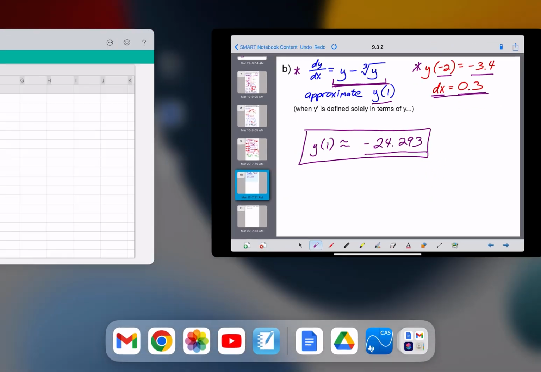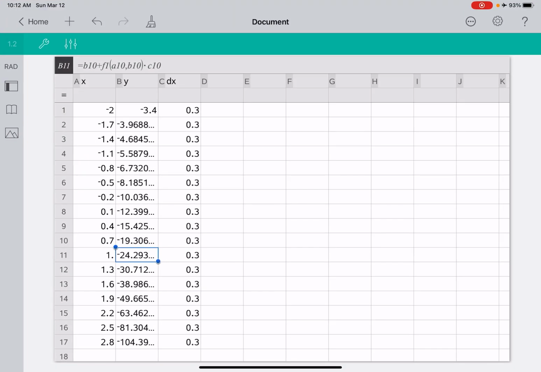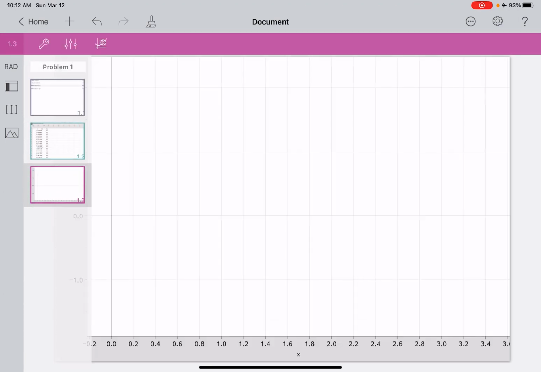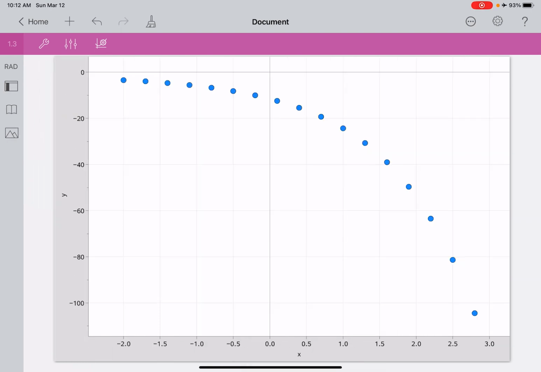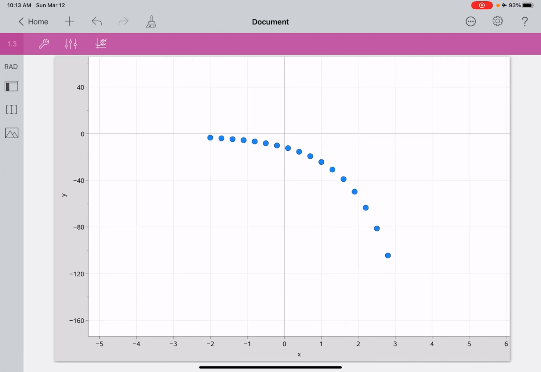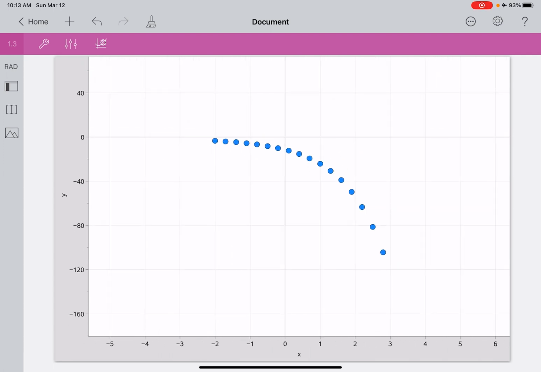Now, real quickly, have we learned anything here? Let's try this real quick. If I once again hit Control and then the right arrow, and I get to page 3 in my document right here, let's see if I can do this again. If I make those my x values and these my y values, I start to get a function that looks like this. That's a little bit interesting right there.